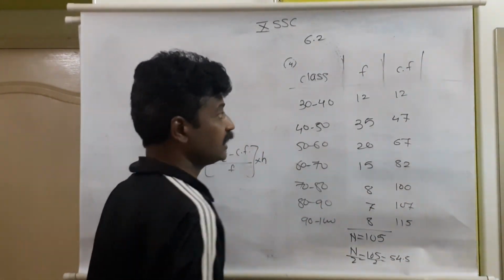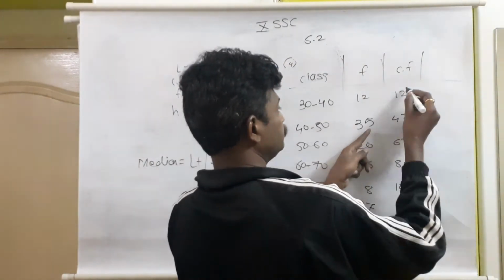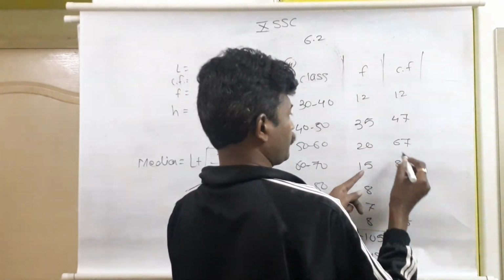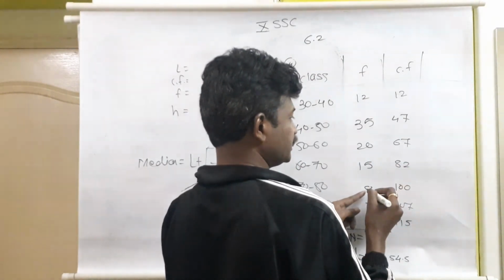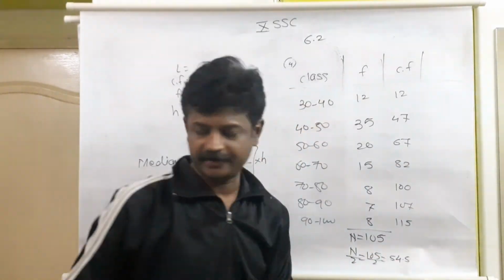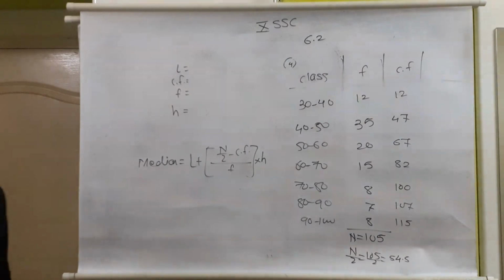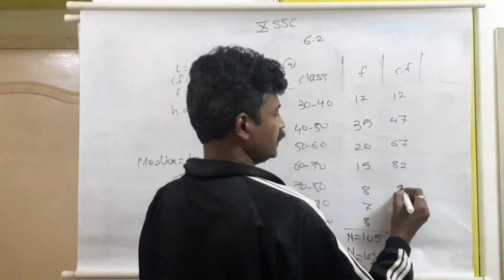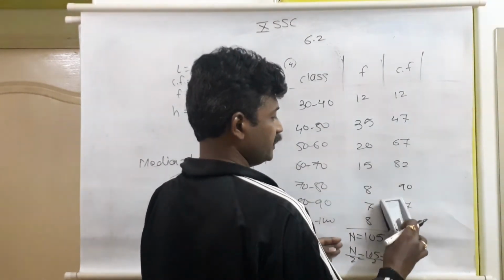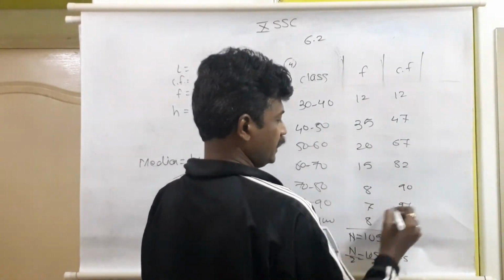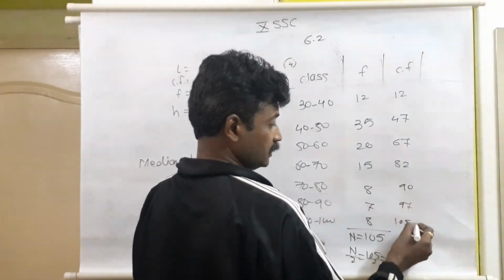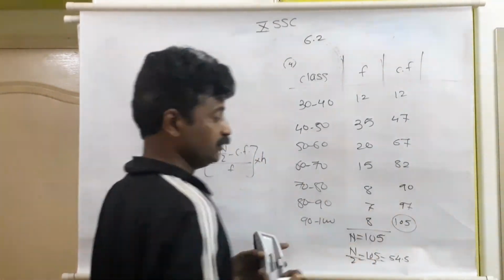So let us see the calculation again. 12 plus 35, 47, plus 20, 67, 82. 82 plus 8, yes, it is 90, not 100. So the problem was here. 90 plus 7, 97. 97 plus 8, 105. Now see, the last CF and the n value are matching.